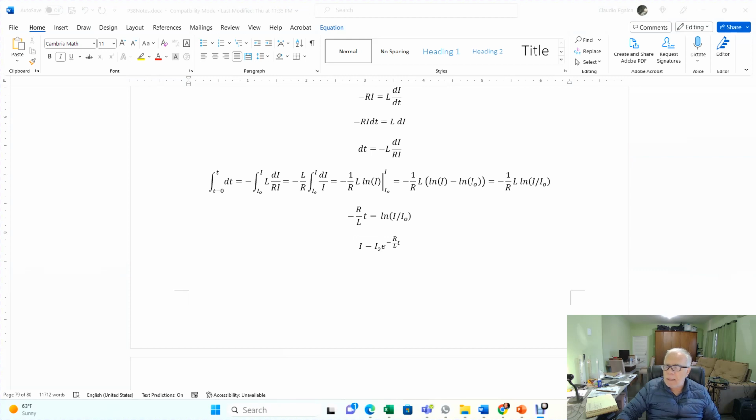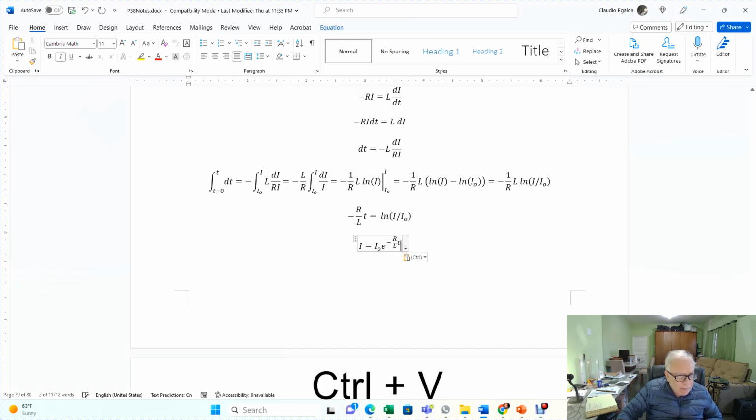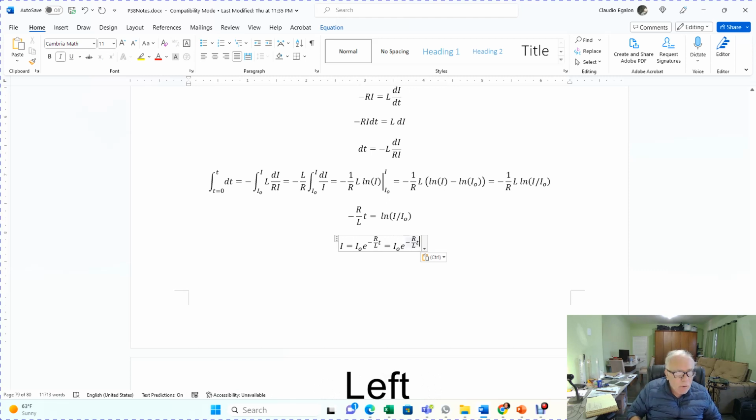Okay, going back to this equation, the current decreases exponentially. And the term that we have right here, I'm going to rewrite it in a different way, is very similar to that CR term of the capacitor, of the charging and uncharging capacitor, right?